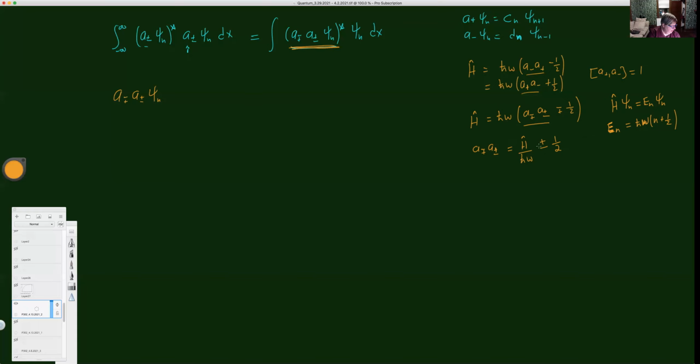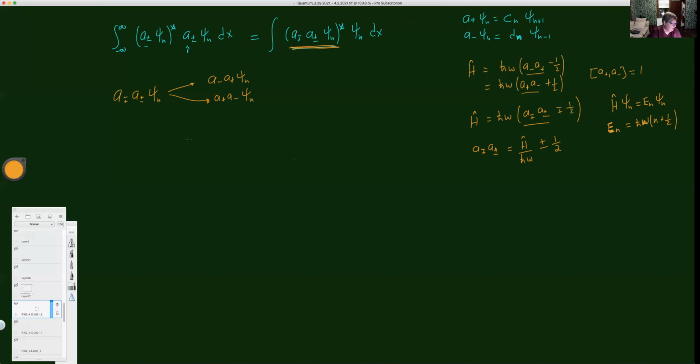Okay, all right. So let's do this separately, right? So I'm going to write this out. This is actually two things, right? This is A minus A plus acting on psi n, or, pick the bottom sign, A plus A minus acting on psi n. So it's actually two things. And as we see, we have both of these here. So I can use either one of them that I want.